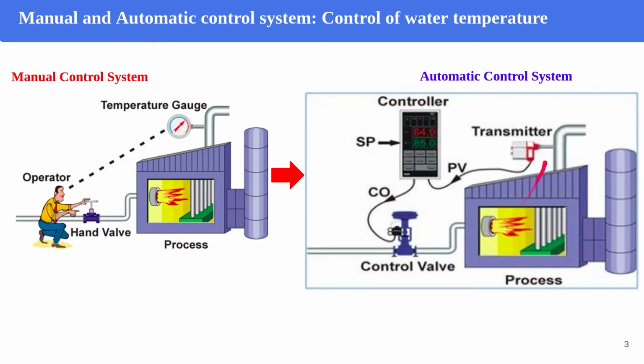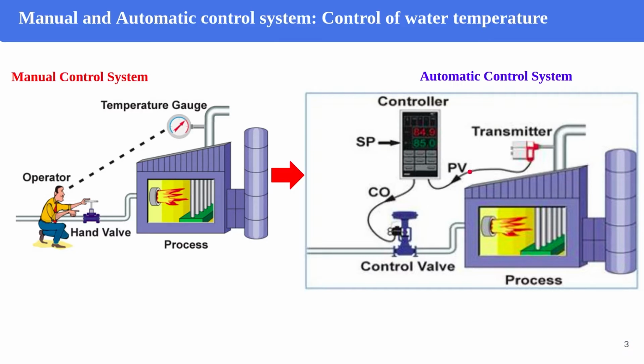The temperature measurement from the transmitter, called the process variable or PV, is then transmitted to a controller like the PID controller, which compares it to the set point and calculates a difference, or an error, which we call E, between these two signals, the set point, the desired value, and the process variable.